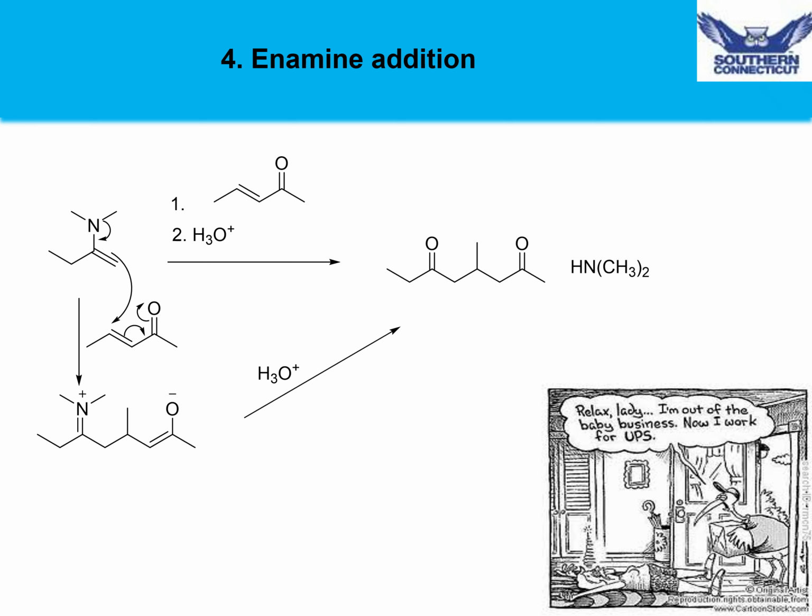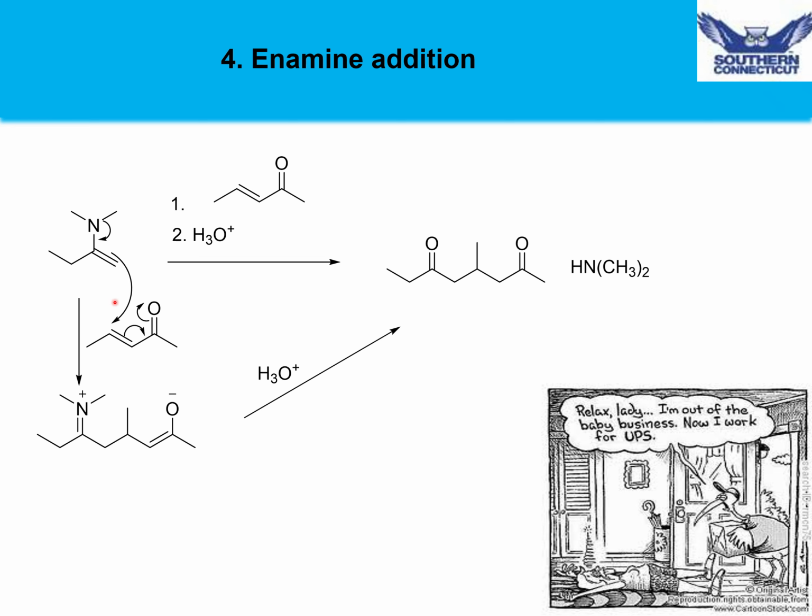Here's another example of the Stork reaction, which again is a Michael reaction using an enamine instead of an enolate. So if we start off with an enamine, the nitrogen again will push electrons towards the alpha carbon, which will make that carbon nucleophilic.